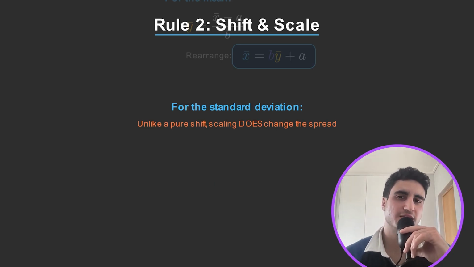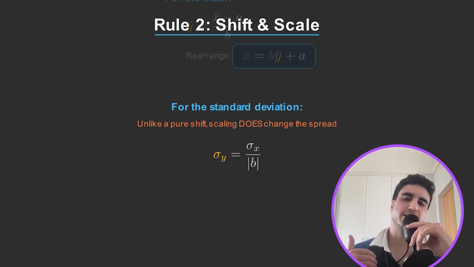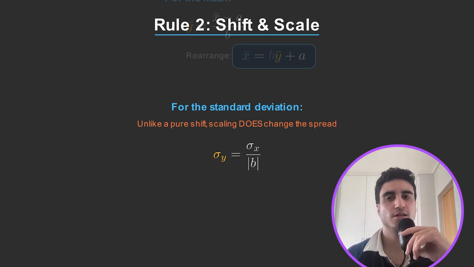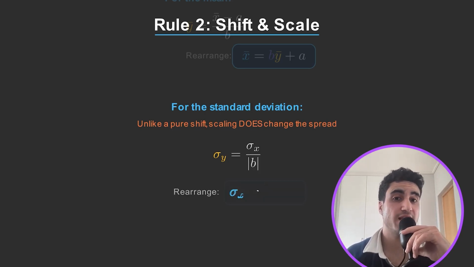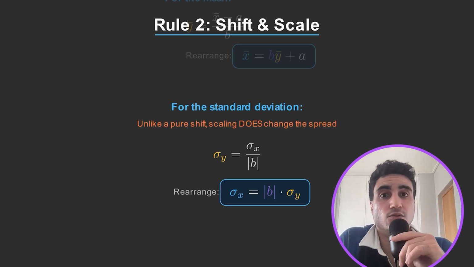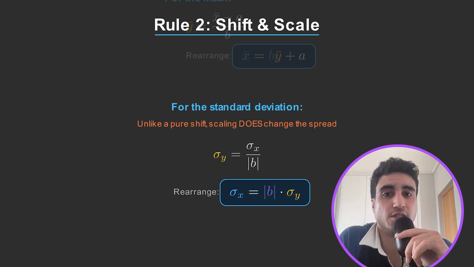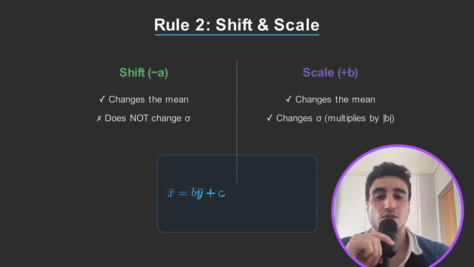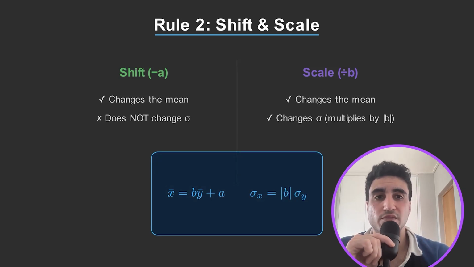Our coded standard deviation y is going to equal our original standard deviation x over b. Therefore our original standard deviation x is going to equal b times our coded standard deviation. And that's one way of looking at it.